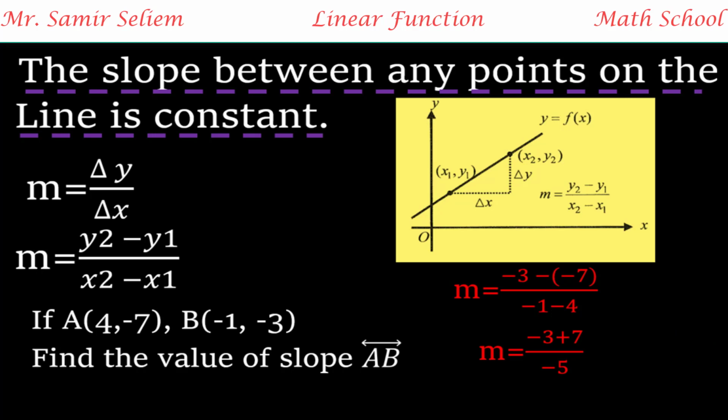So it will be negative 3 plus 7, since negative times negative equals positive, over negative 5. We have negative 4 over 5. So the slope is negative 4 over 5. The slope here is negative.